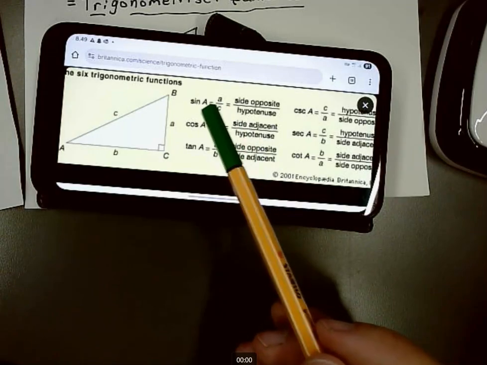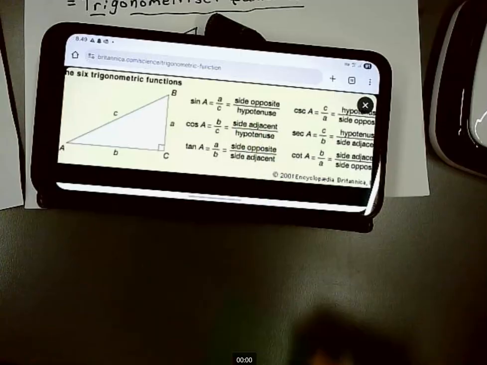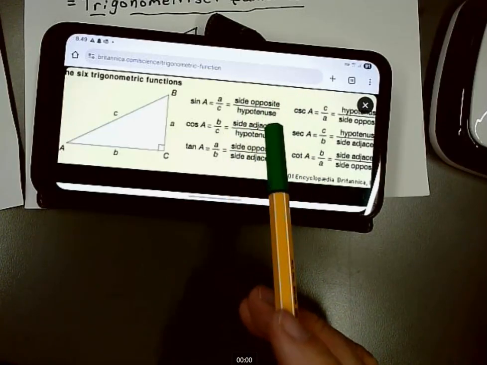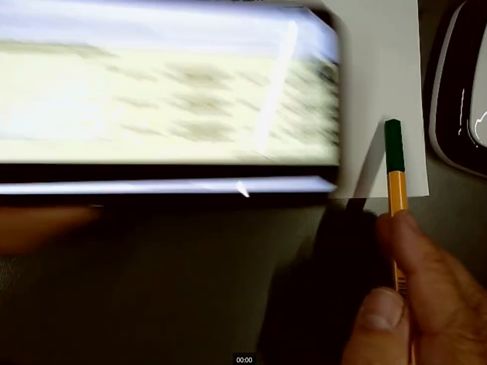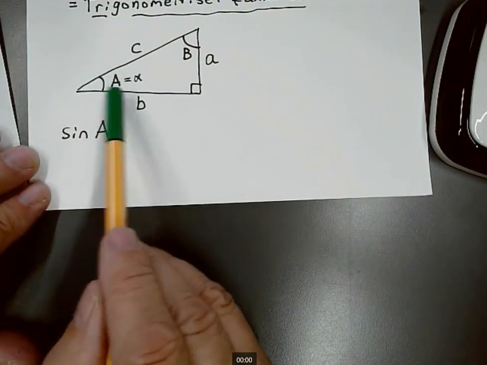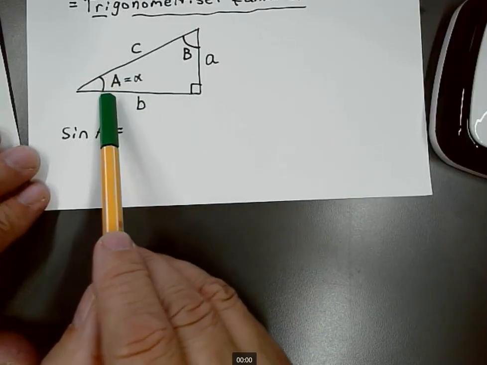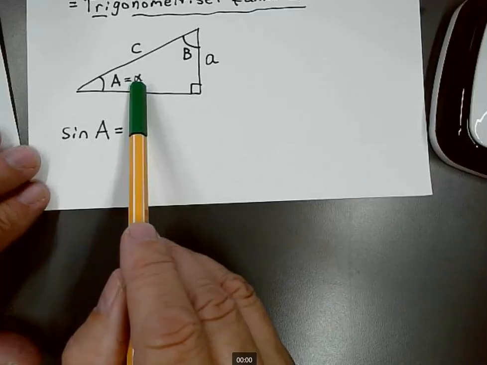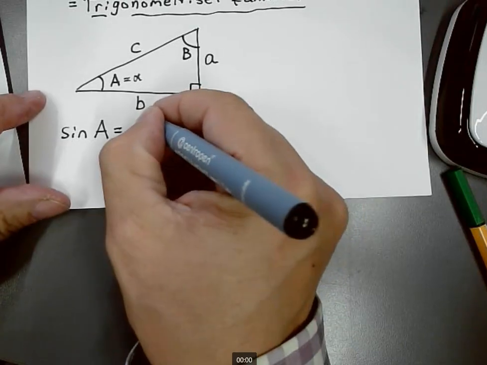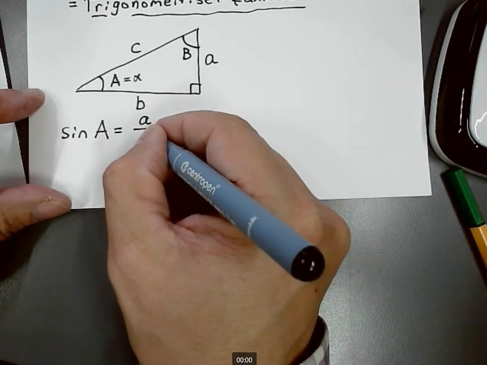So here it is said that sinus A equals A divided by C, or opposite side divided by hypotenuse. So in this case we have this angle A or alpha here, so sinus A or alpha equals A divided by C, opposite divided by hypotenuse.